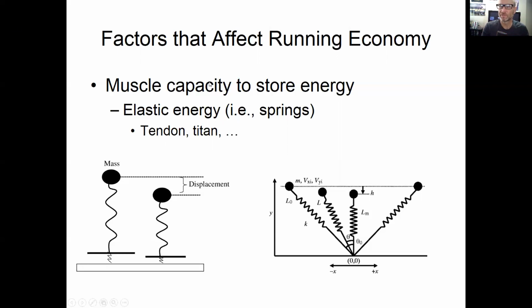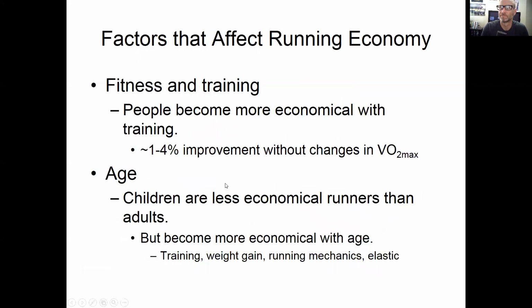So a factor that affects running economy is how well the muscle can stretch and recoil to our resting position, how well the muscle can be a spring. And these are just mechanical pictures illustrating that. What other factors influence running economy? Fitness and training do. People become more economical with training.